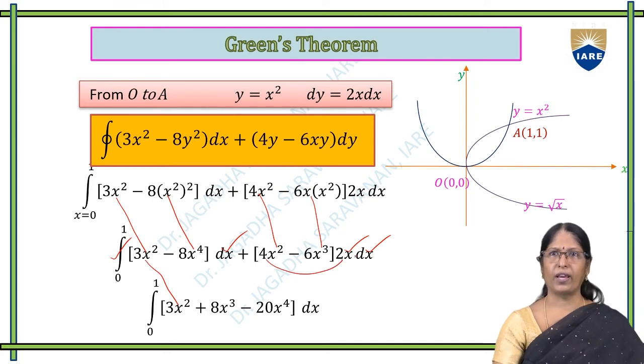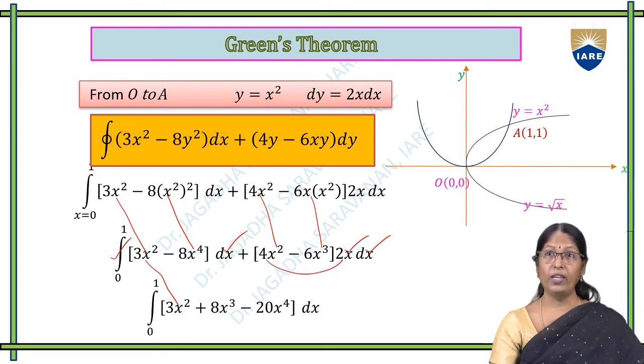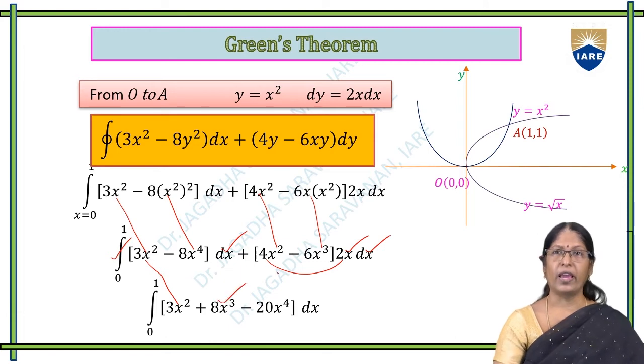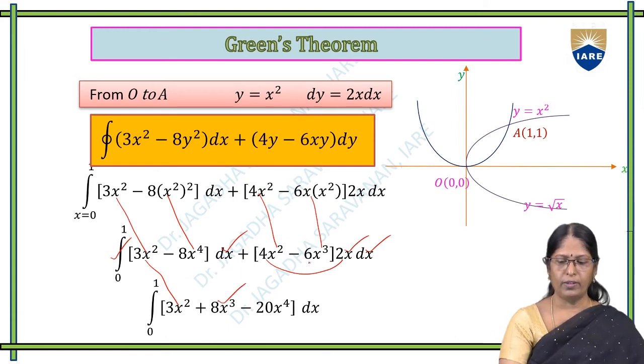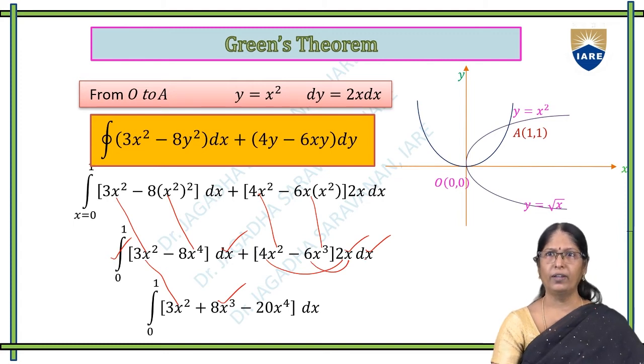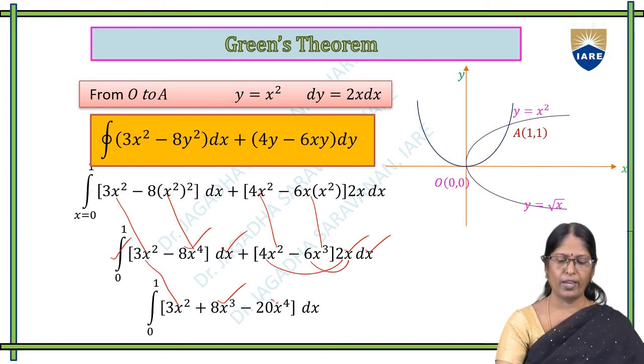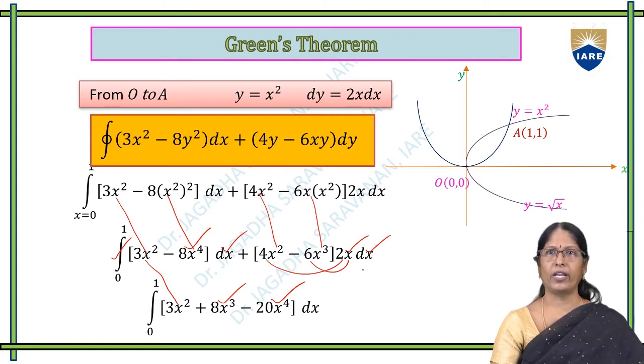These two we multiply: 4x square into 2x is 8x cube, and these two give minus 12x power 4. Minus 12x power 4 and minus 8x power 4 put together give minus 20x power 4. We have to integrate with respect to x with limits from 0 to 1, as we are focusing on our line integral along OA.